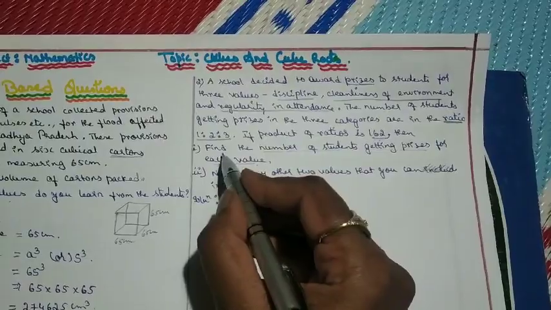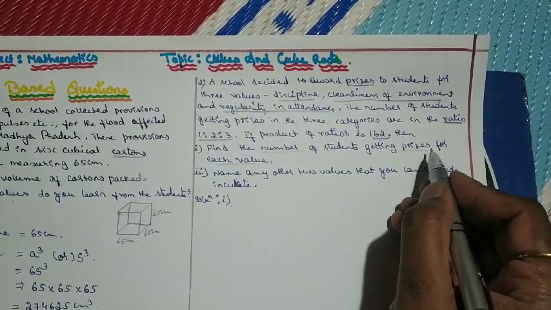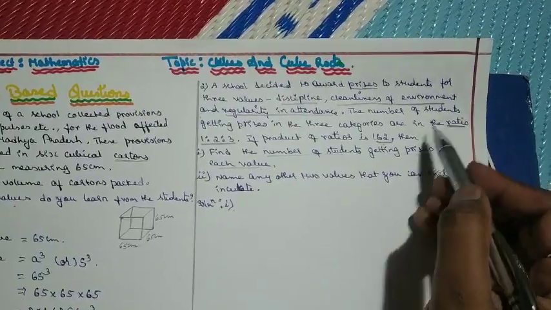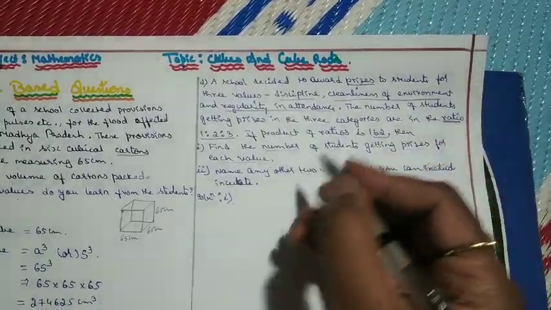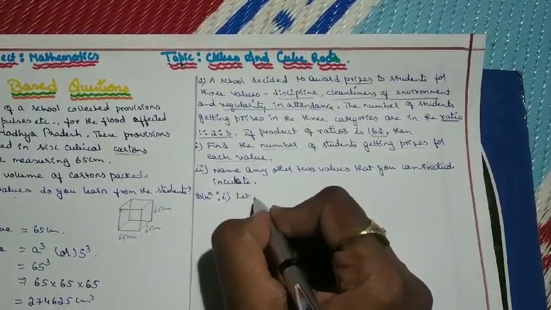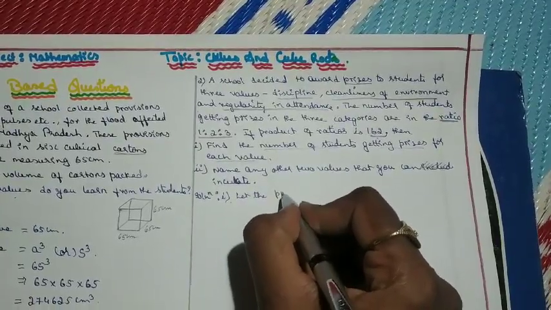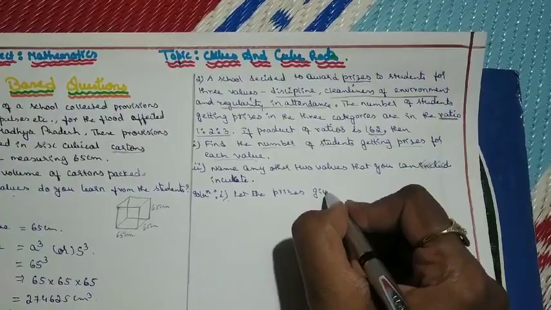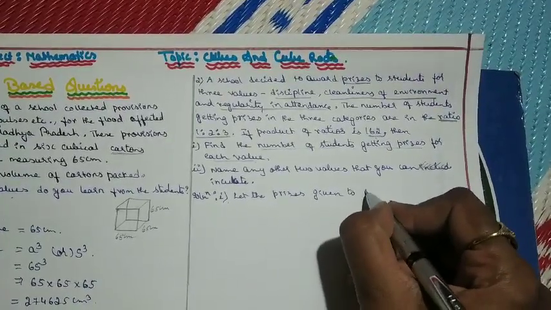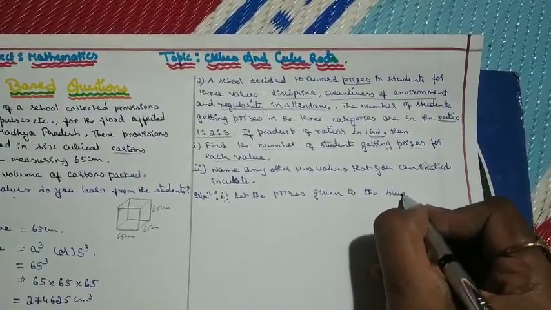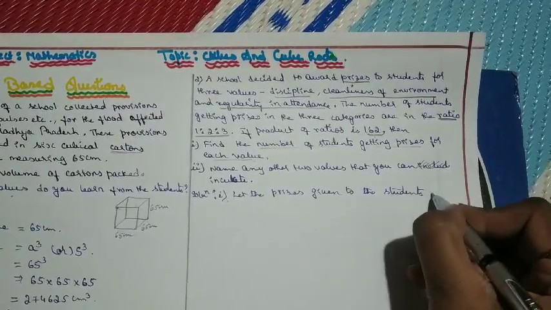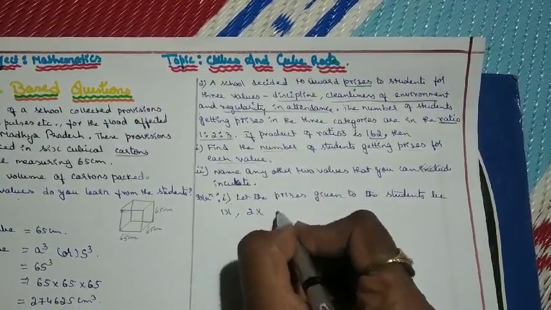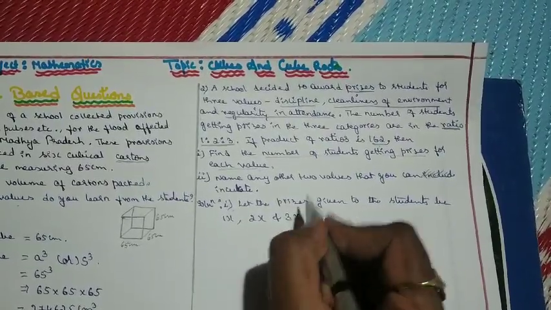First one, find the number of students getting prizes. So here number of students getting prizes are given in ratio, but we need to find in number. So let the prizes given to the students be 1x, 2x and 3x, which are given in ratio.